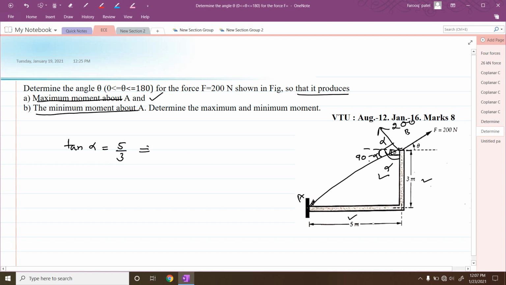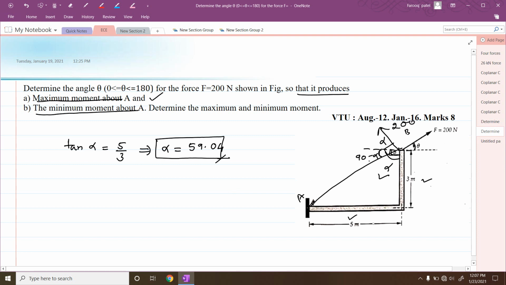So based on this, alpha will be equal to 59.04 degrees. Then next, we will calculate the theta value.